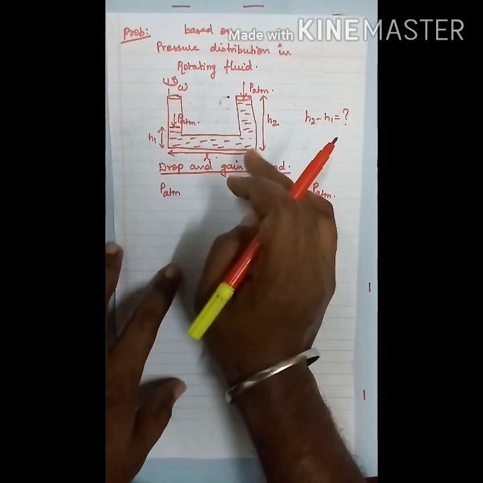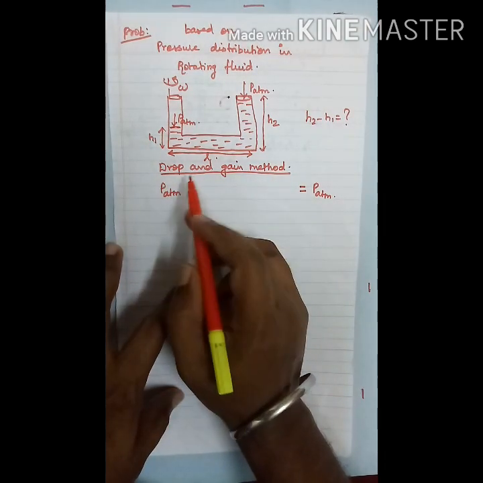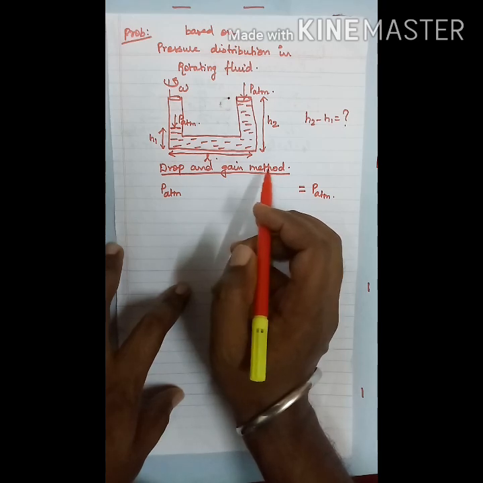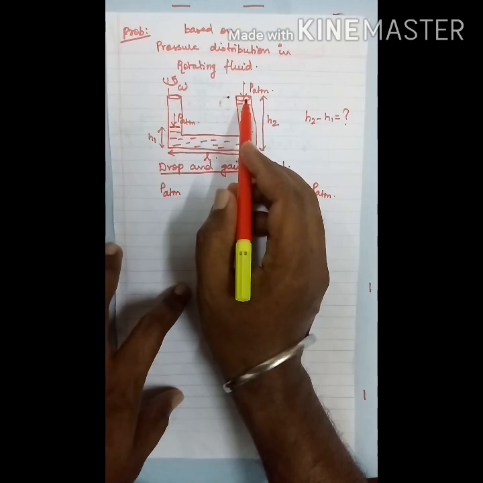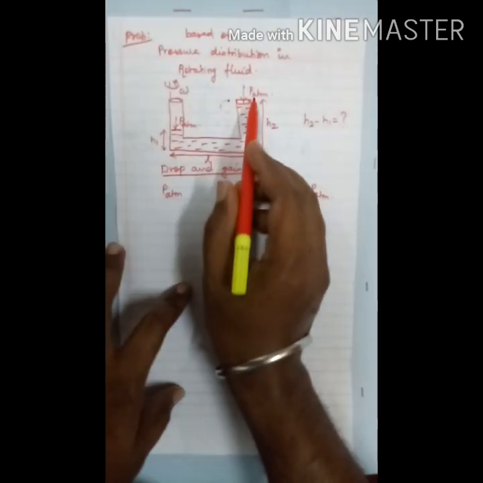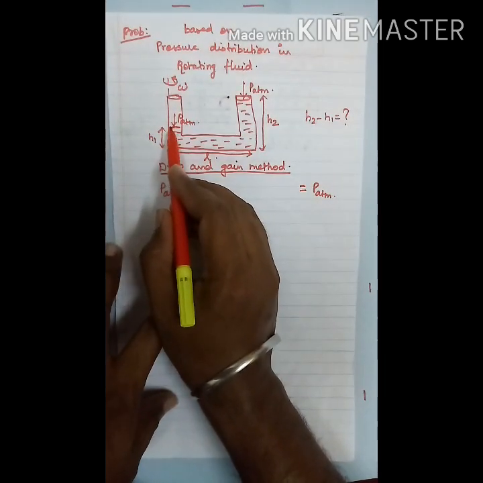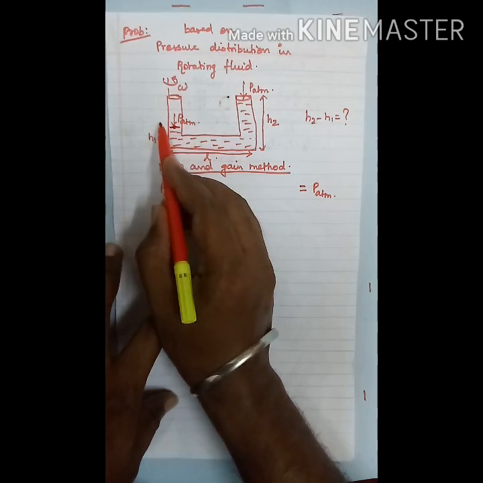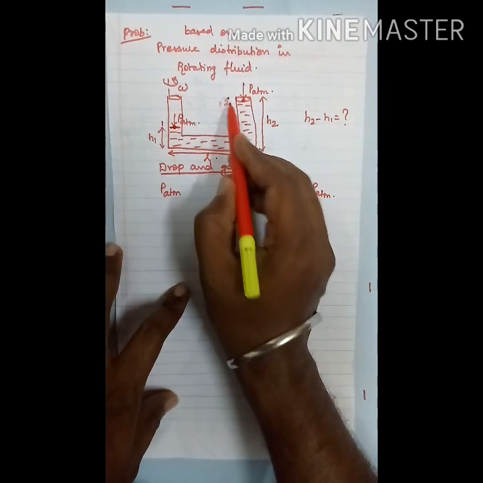And this we are going to solve with the help of the drop and gain method. For the drop and gain method, the one thing you have to understand is that the liquid surface in contact with the atmosphere will have the same pressure, that is, atmospheric pressure itself. When you see this side surface, this point, let me take it as 1, and this surface point, let me take it as 2.